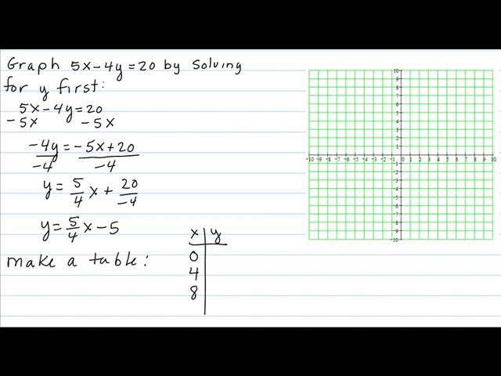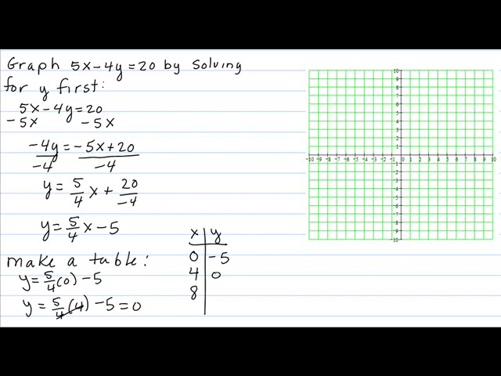So plugging in x is 0, I can clearly see that we would have 5/4 times 0 minus 5, or a -5. Plugging in 4, I would have 5/4 times 4. You could see the 4's cancel. You would get 5 minus 5, which is 0.